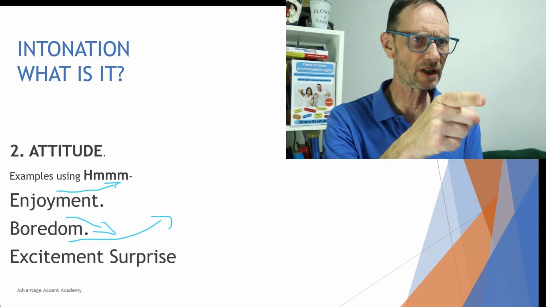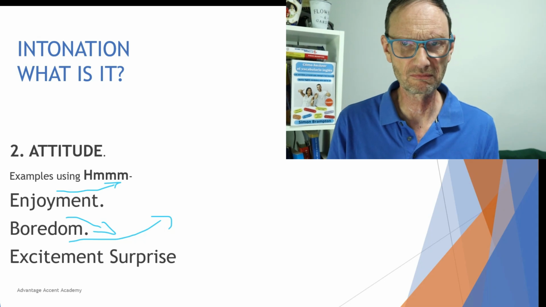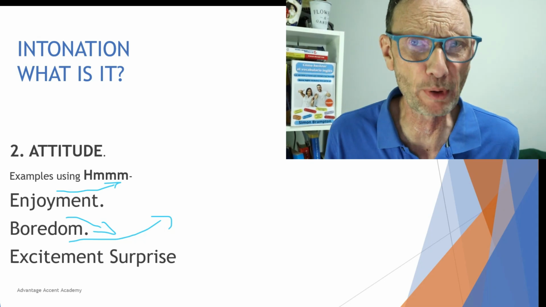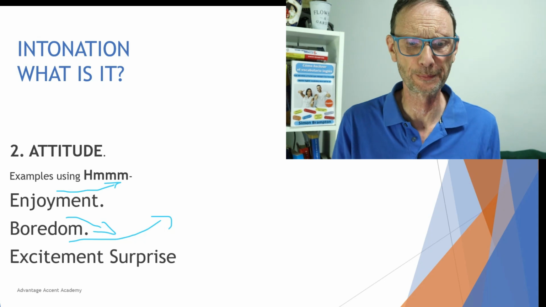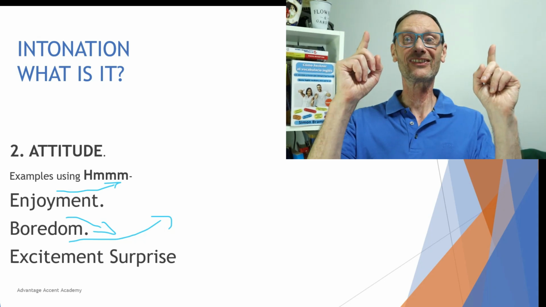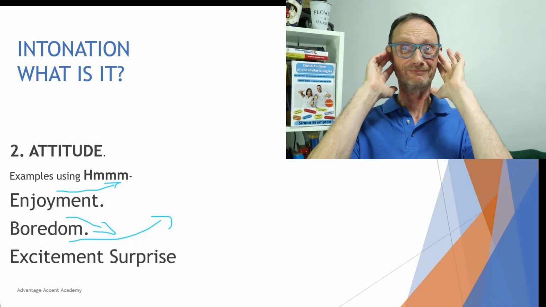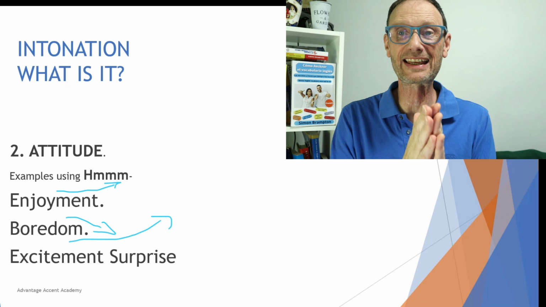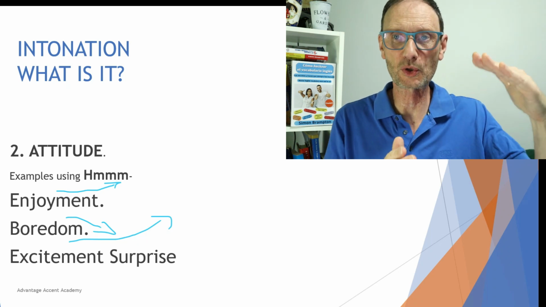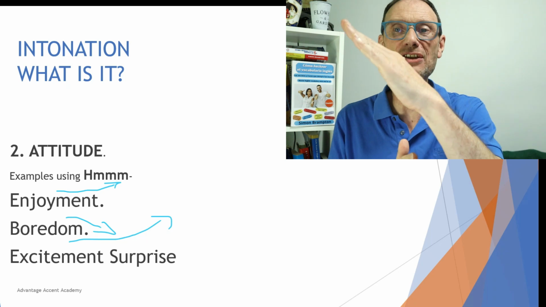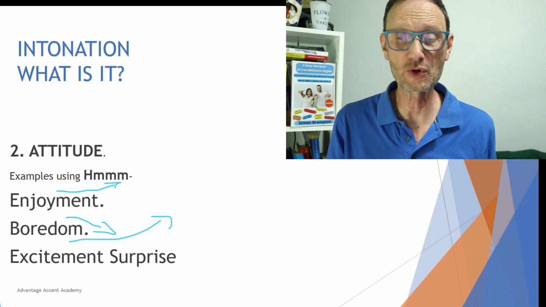Are you enjoying the video? Bored? Are you bored? Are you serious? Excitement or surprise? So it goes up. So there are so many ways in English of showing attitude by the way your tone or your pitch goes up or if it goes down.